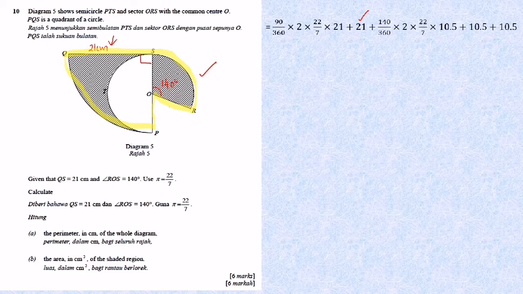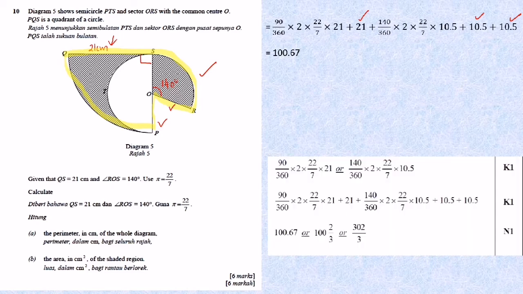After that, plus the length of OR and the length of OP. So it equals 100.67. The length of the arc, 1 mark, and if you can write the equation to find the perimeter, another 1 mark. So K1 at the first line, and the answer N1.